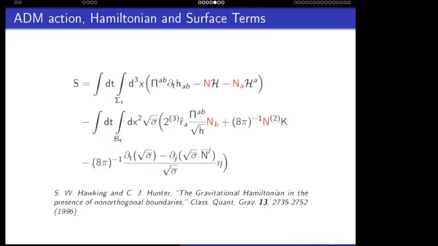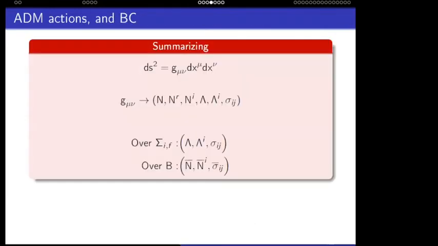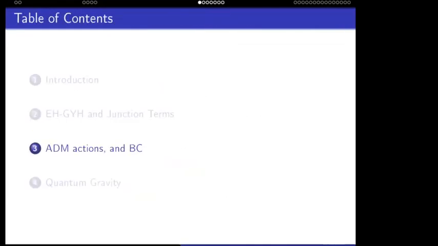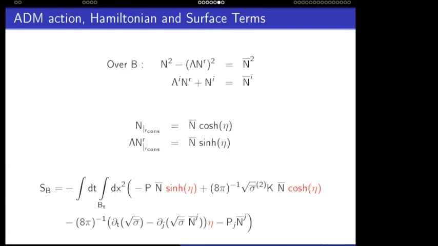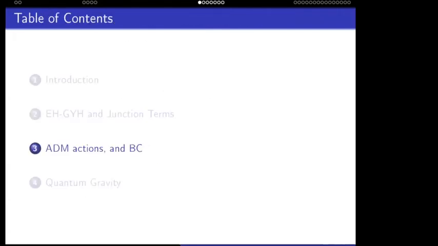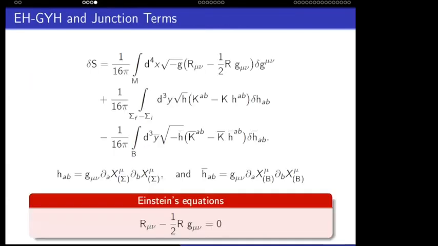You use a different combination of the extrinsic curvature. You don't fix the 3 metric, and sometimes what people use is that this equals some energy momentum tensor on the boundary, and then you don't care about fixing this.